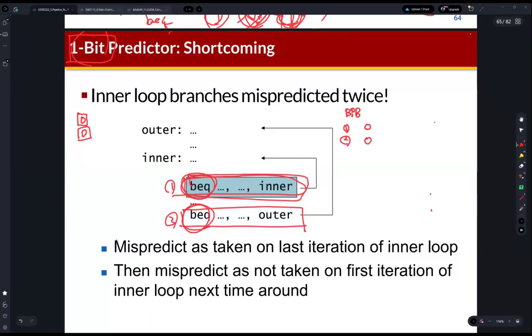Okay. Then a processor encounters this branch, which means that the current PC is the PC of this branch instruction. So we access the BPB using this PC. Then what is the result?